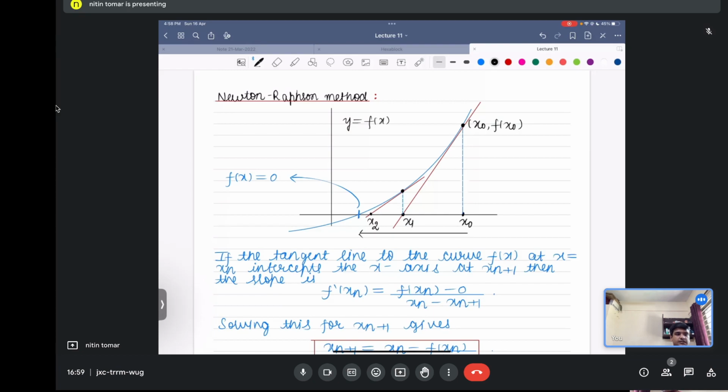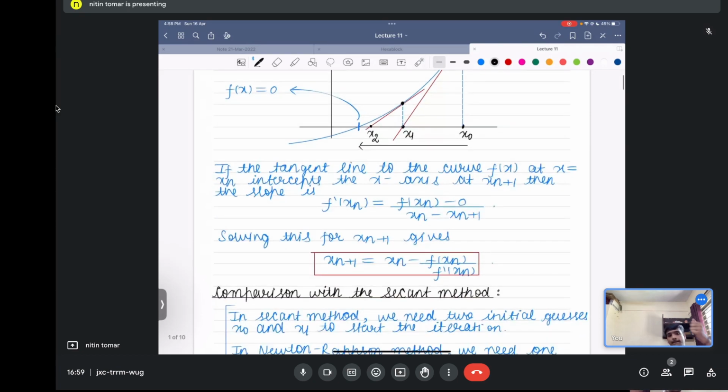With these two methods, we saw the algorithm, the hypothesis, and the conclusion. Secondly, we saw their corresponding convergence results. For the Newton-Raphson method, it is quadratic. For the secant method, we have seen it is (1 + √5)/2. And for fixed point iteration, you should see why it should be linear.